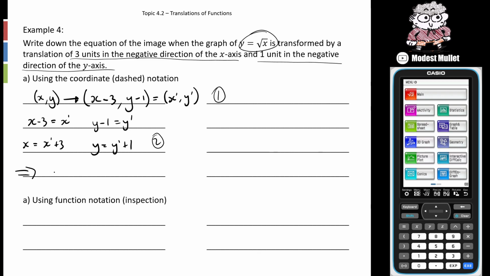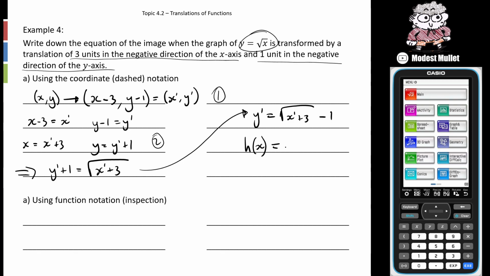Okay, so it follows that y dash plus 1 must be equal to square root of x dash plus 3. Okay, and rearrange that to get y dash by itself, so y dash is equal to square root of x dash plus 3 minus 1, and let's give it a name, h of x. Could use g of x, but I feel like being a bit different. There we go, there's a new function. Okay, that is the original function translated 3 units to the left and 1 unit down.